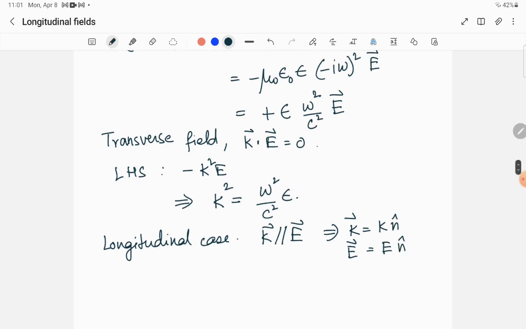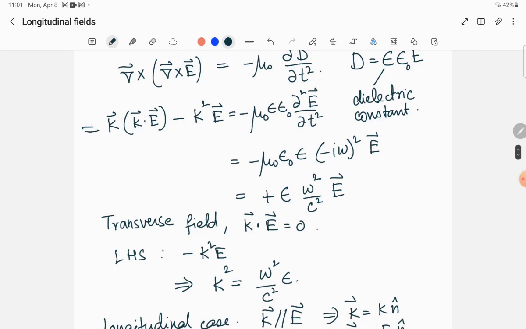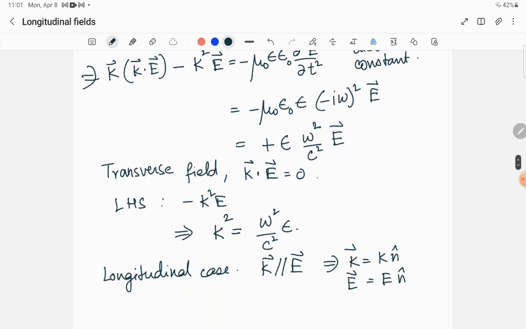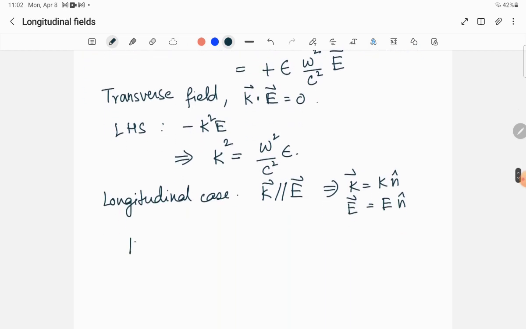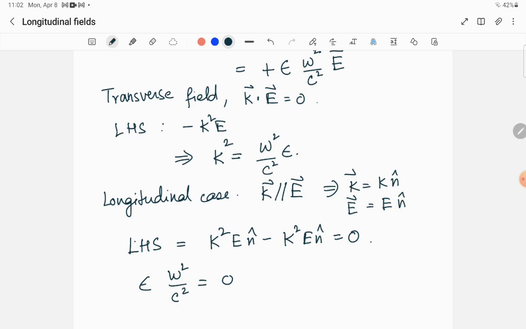So if we substitute it again in this relation, the left hand side is k square E n cap minus k square E n cap, which is 0. So if the left hand side is 0, then we have epsilon omega square by c square E is 0.